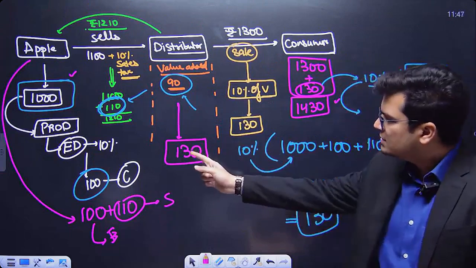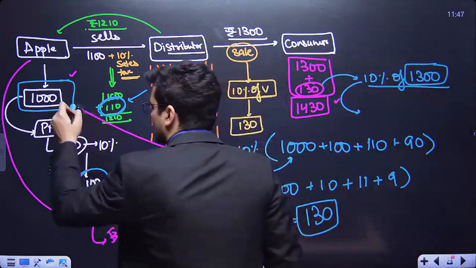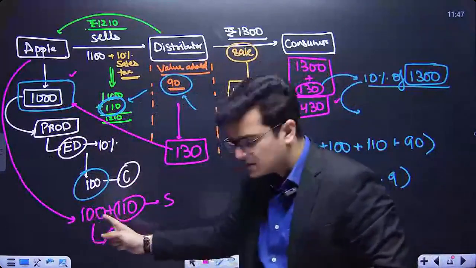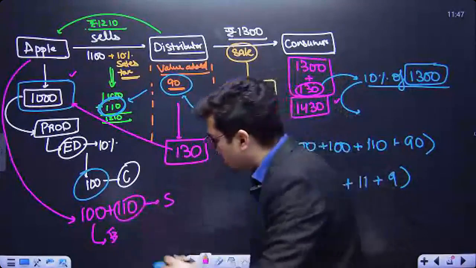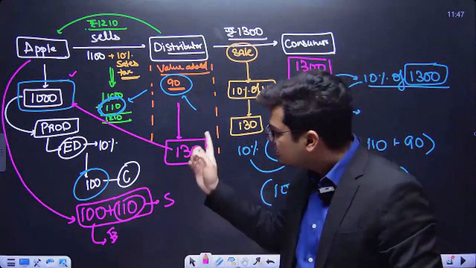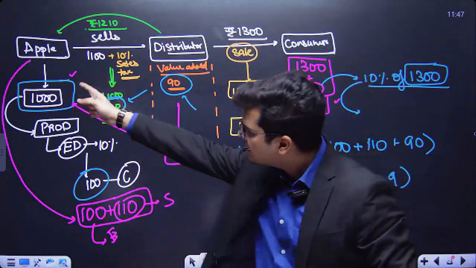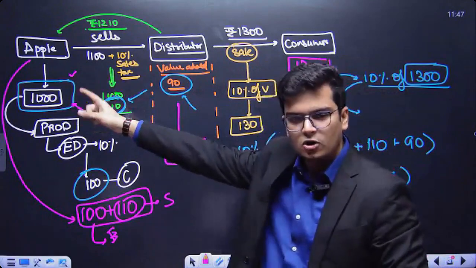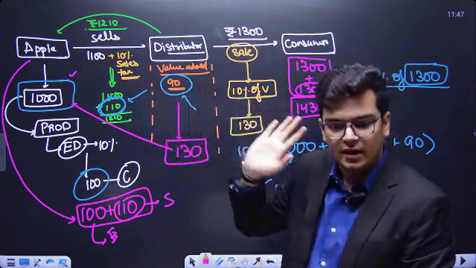This 130 is tax on this. But on this 1000, Apple has already deposited this money. It has already been deposited. This is double taxation. On the same value, another tax will now be deposited.